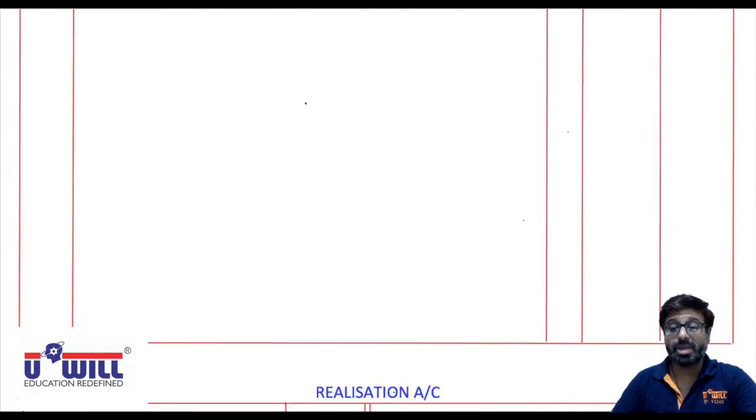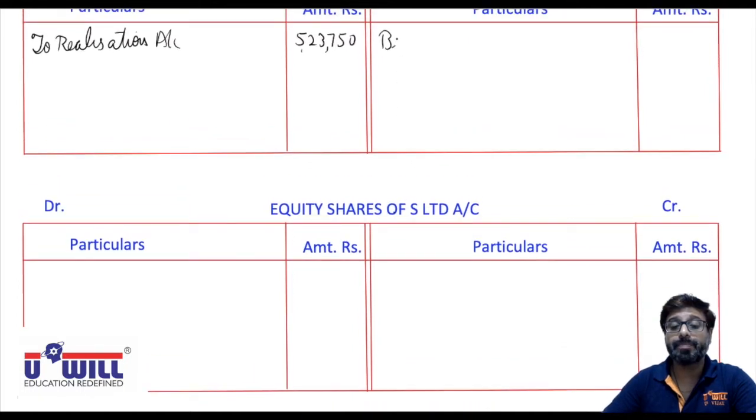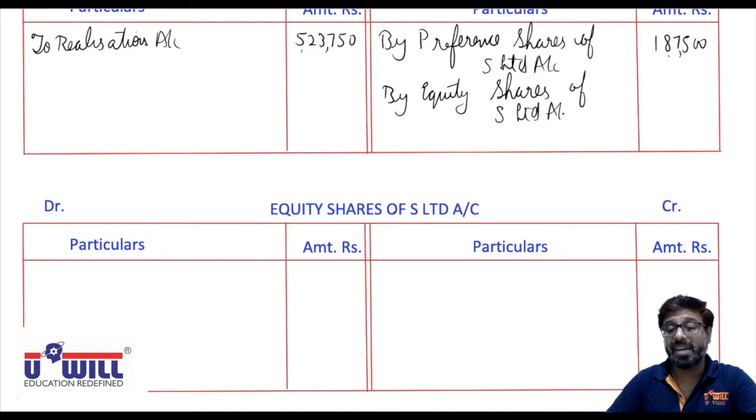Now to S Limited, so S Limited on credit side we will write both the opposite accounts by preference shares of S Limited account 187,500, by equity shares of S Limited account 336,250.